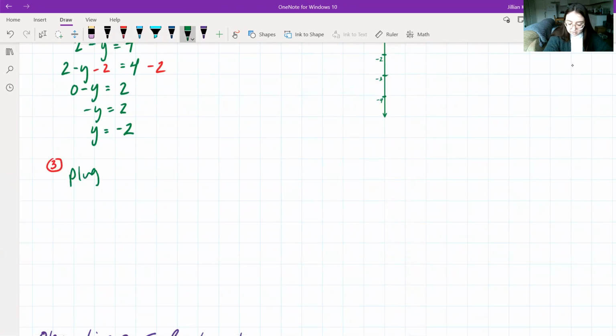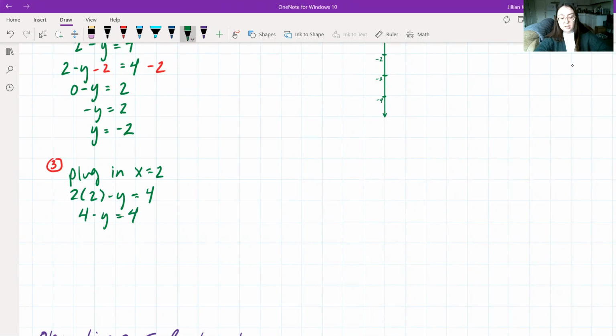So we plug in x equals 2, so 2 times 2 minus y is equal to 4. Well, 2 times 2 is going to be 4, minus y is equal to 4. We subtract 4 from both sides. This gives us 4 minus y minus 4 is equal to 4 minus 4.